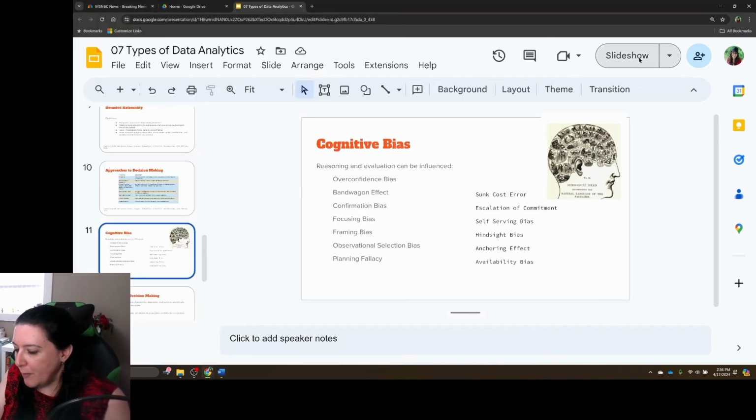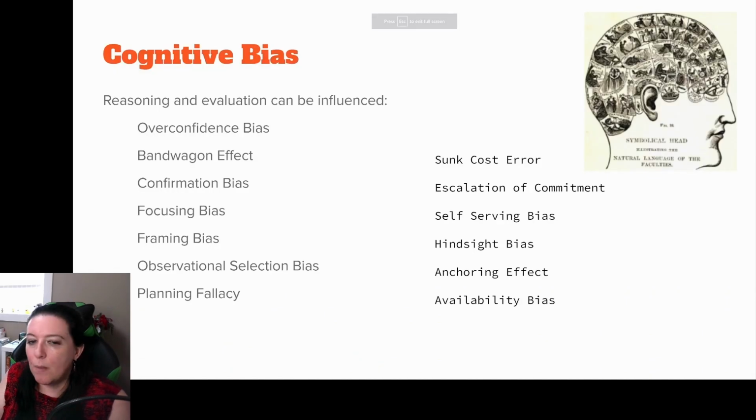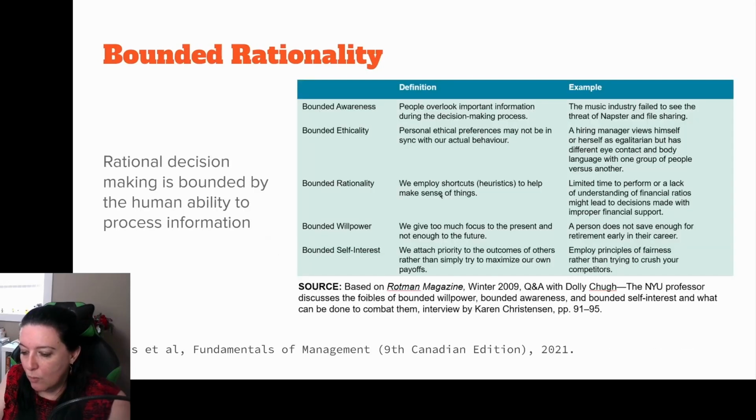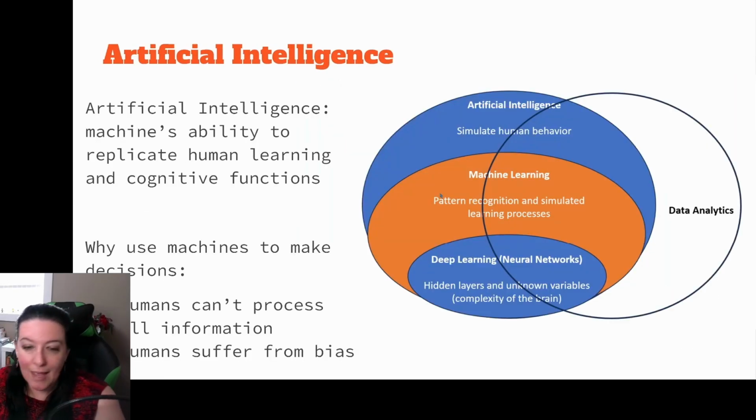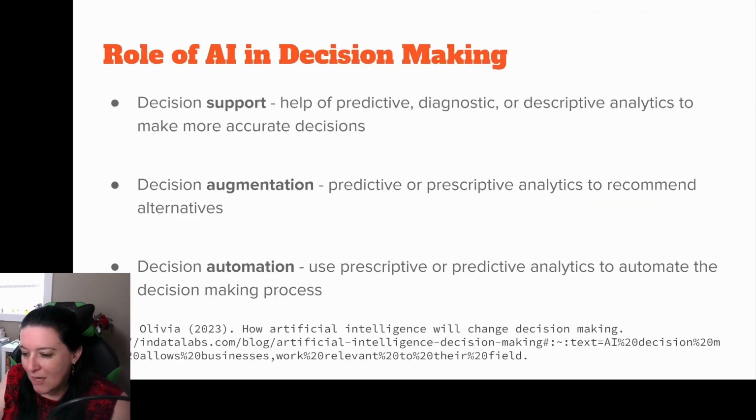All of this brings us back to bounded rationality and the fact that humans can't process all the information and suffer from bias. Because of this, we bring artificial intelligence into our decision-making process. We can use artificial intelligence and machines to help support our decisions.